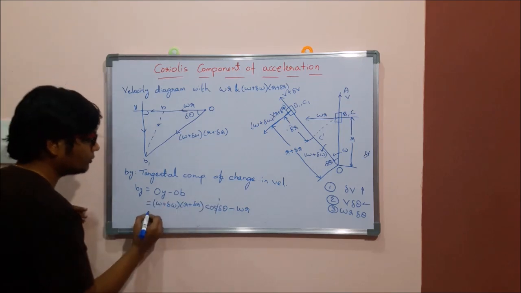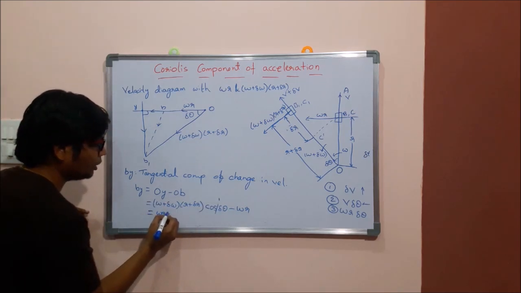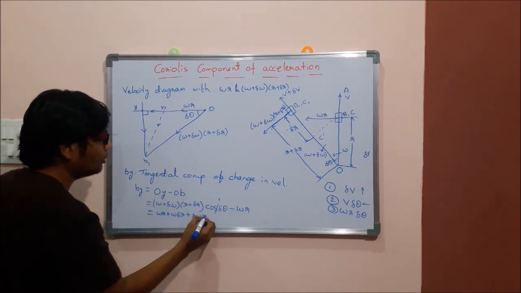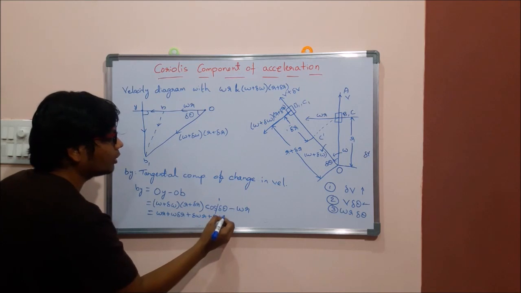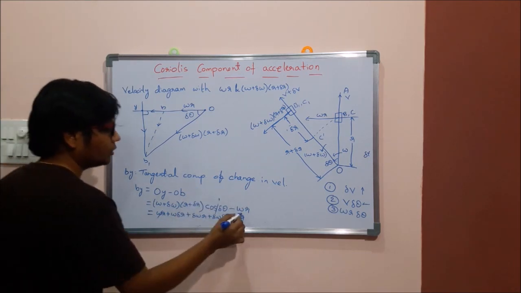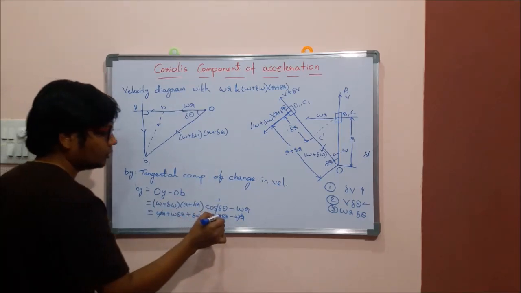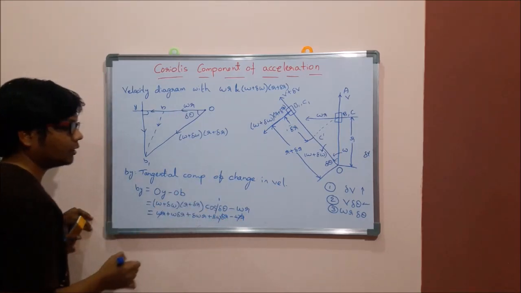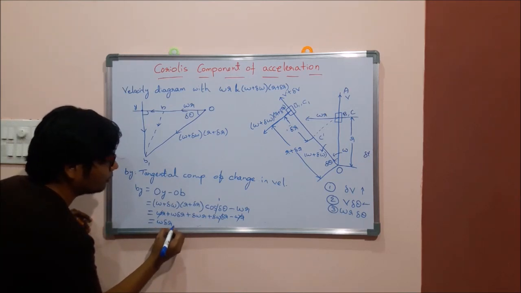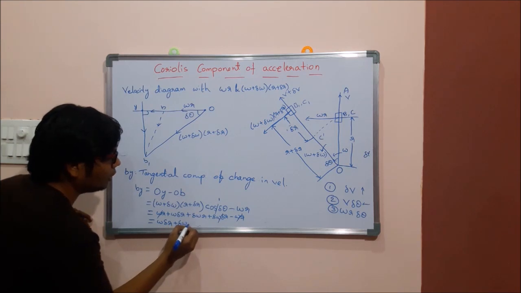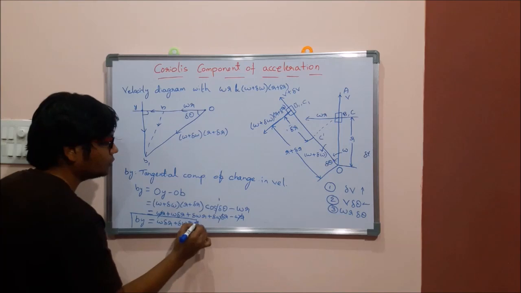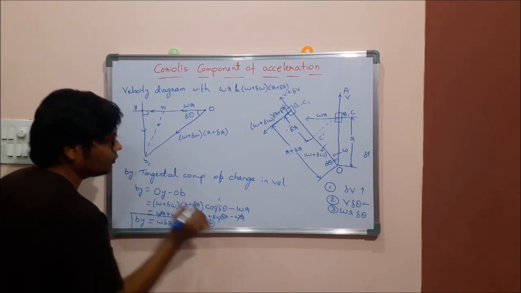Now expand this one: omega r plus omega delta r plus delta omega r plus delta omega delta r minus omega r. So this omega r gets cancelled, and the two smaller quantities can be cancelled. Finally we get omega delta r plus delta omega r. So this is the tangential component of change in velocity. Assume this equation as 4.